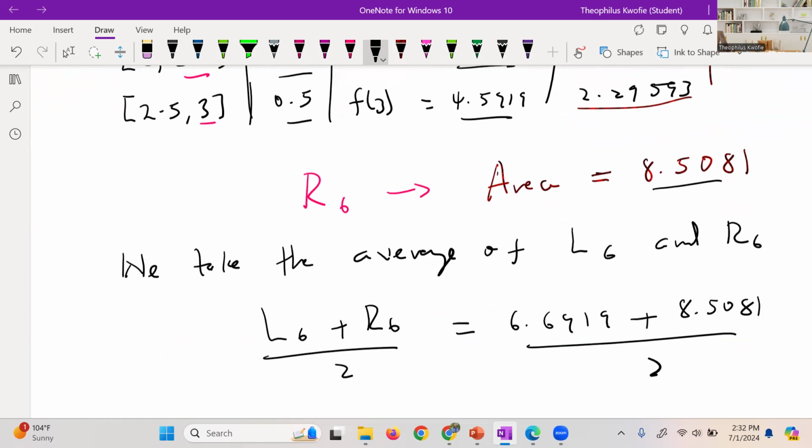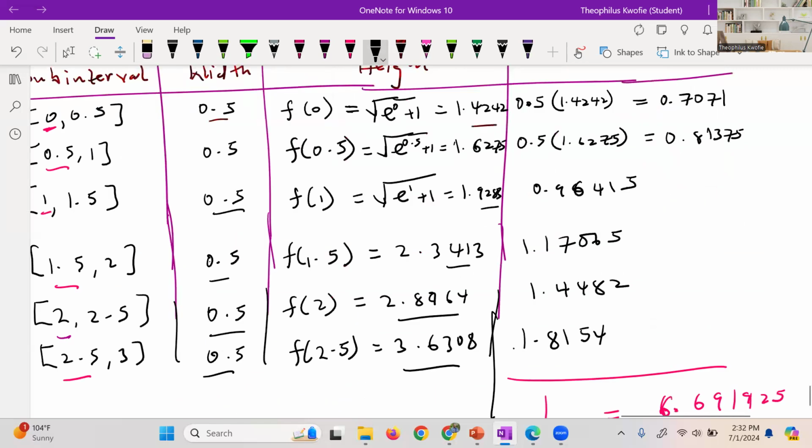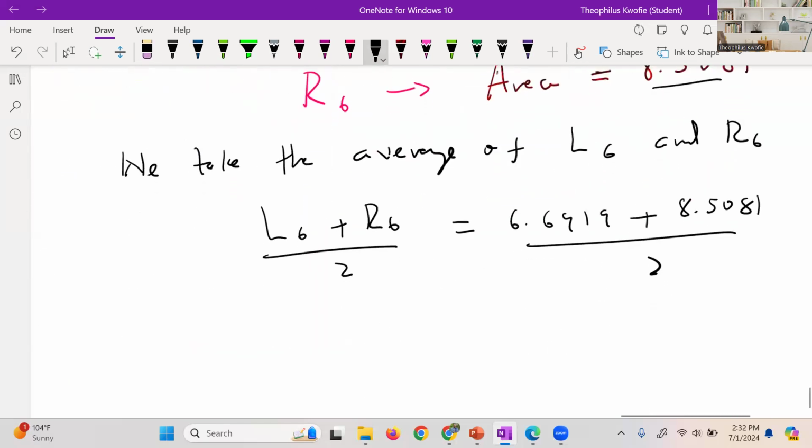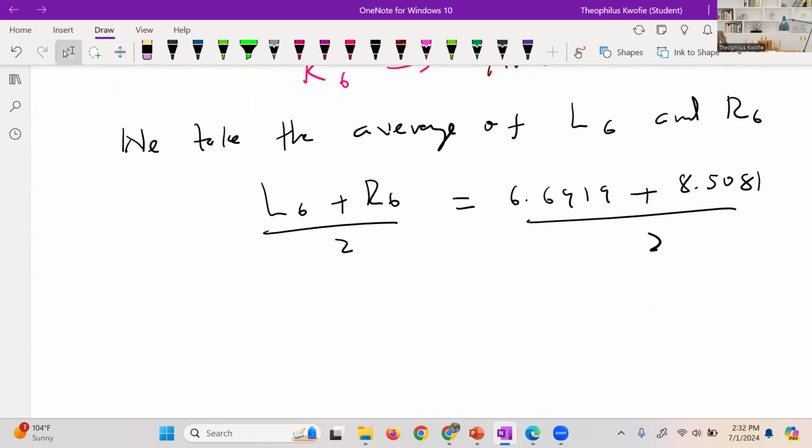And by my calculator, we should have, let's see what we had here. 6.6919 plus 8.5081.